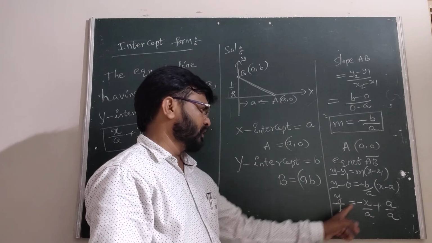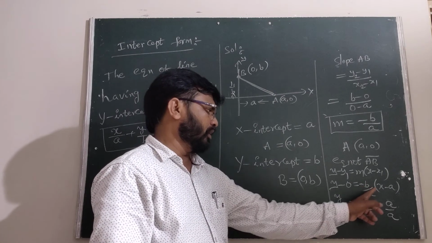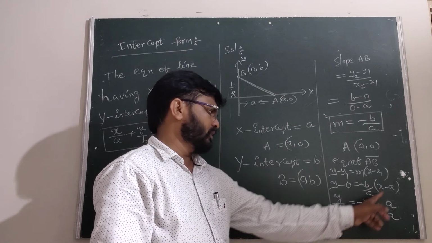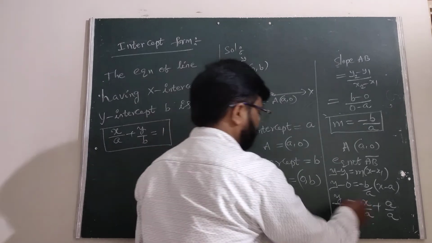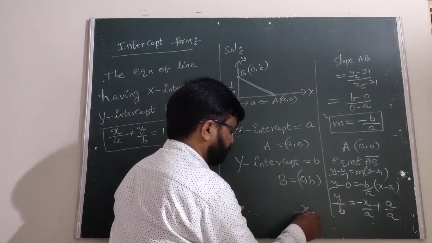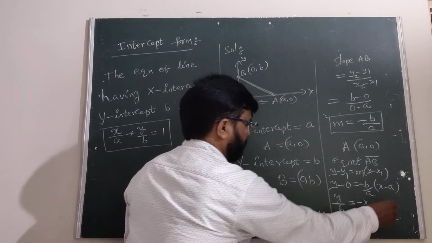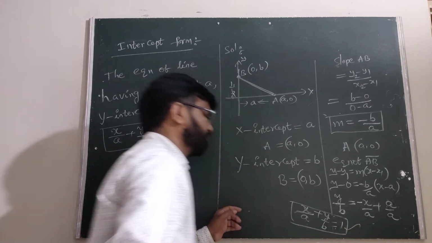Y by b is minus 1 by a, multiplied with x: minus x by a. Minus into minus is plus a by a. Now this is sent to the other side. We get x by a plus y by b equals 1. This is the equation of the line.